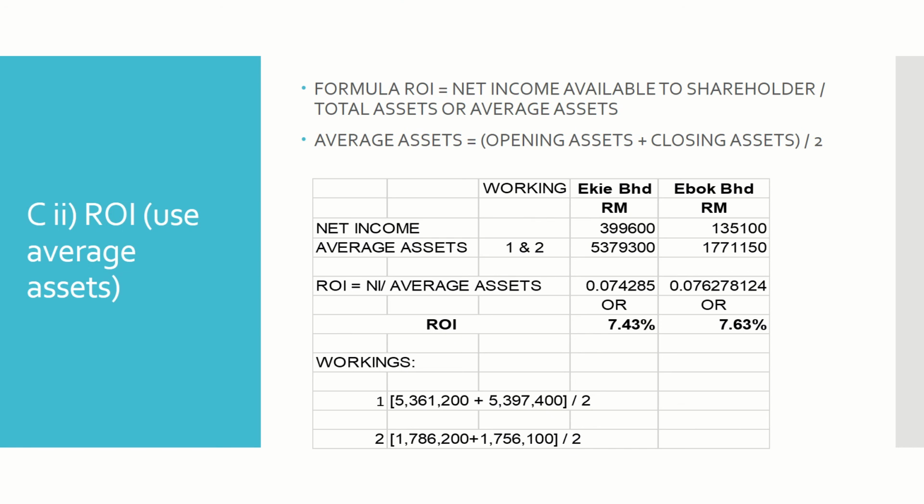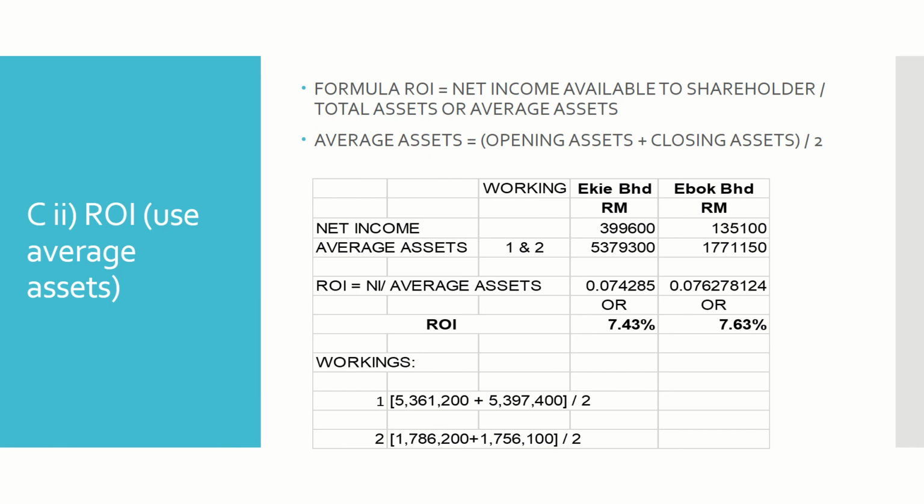Number 2. Calculate the return on investment, ROI, for both companies. Beginning asset as at 1st January 2018 for Iki Berhad is 5,361,200. And for Ibu Berhad, beginning asset is 1,786,200. And then there is a note there, use average asset.